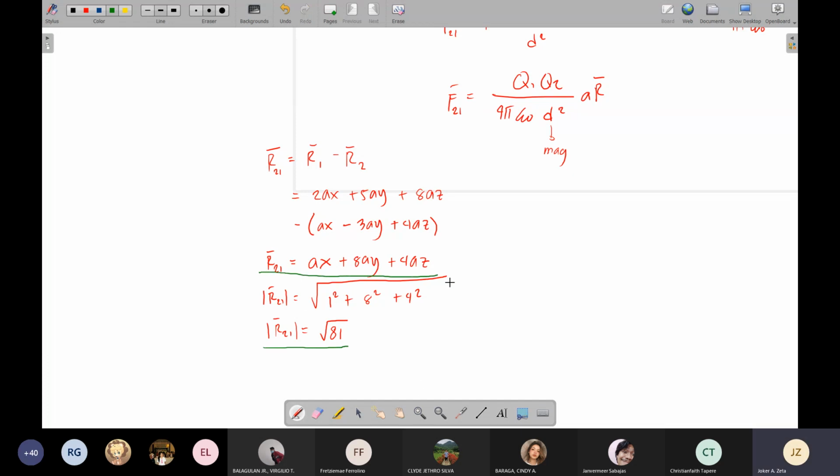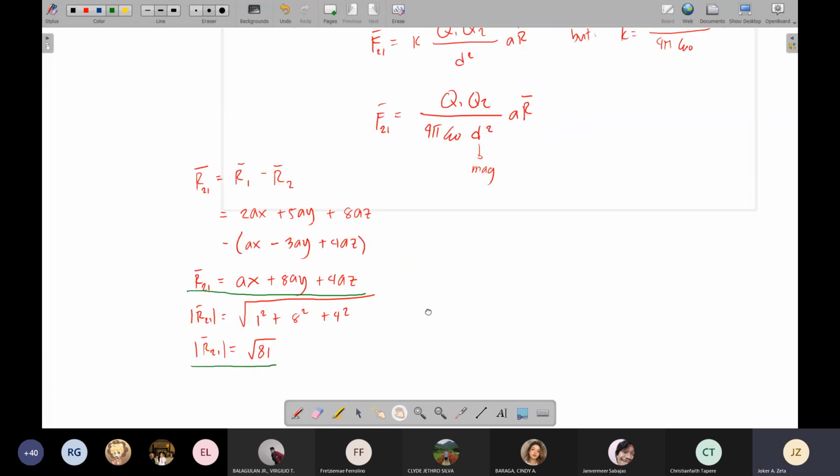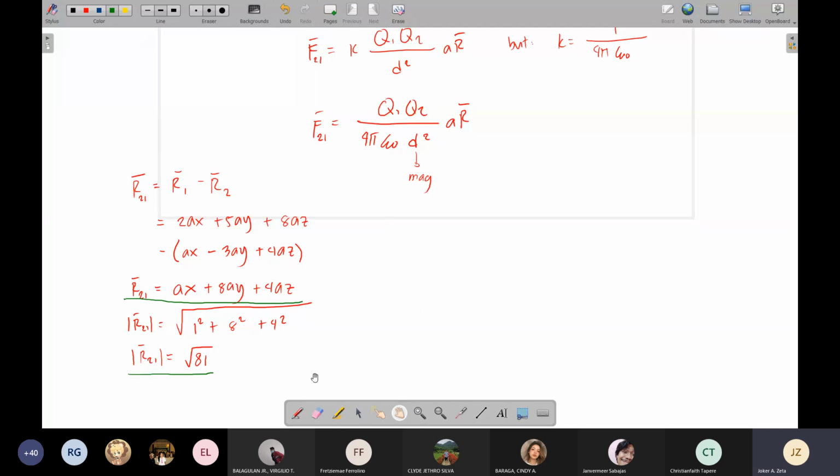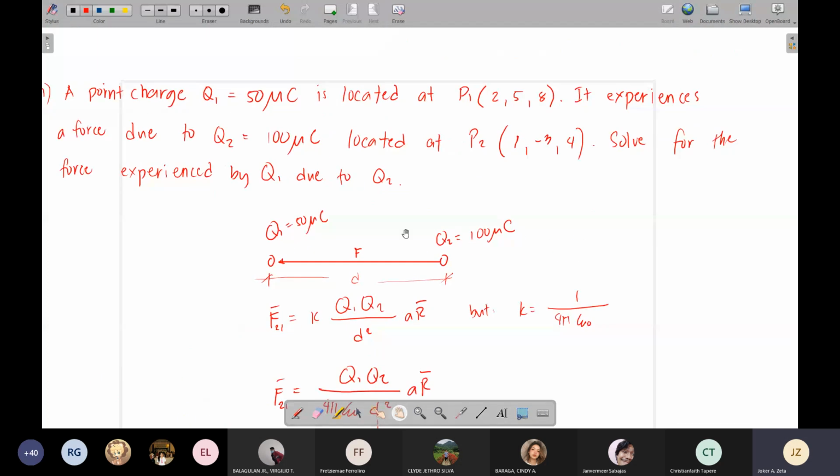Now we have this here, so what we will do is just substitute. Therefore, the force from 2 to 1 would be Q1, 50 microcoulomb, and Q2 is 100 microcoulomb. Now, recall micro is times 10 to the negative 6.